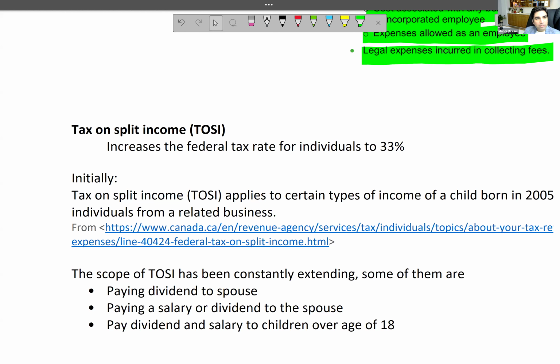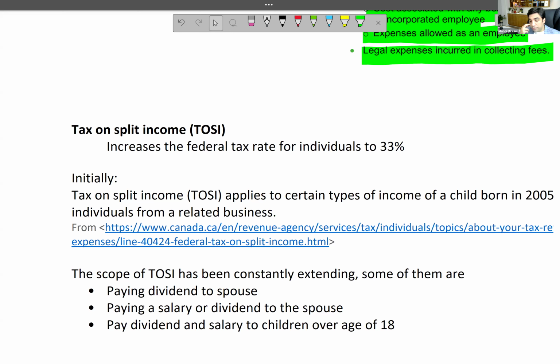I'm going to pay him or her, and then that person is going to pay the taxes. Or my spouse doesn't have that much of an income, so I'm going to pay them, and then they're going to pay lower taxes. So just imagine, Zora, you make a corporation and you pay $20,000 a year to Ava. So it's just like a salary that you pay to your daughter.